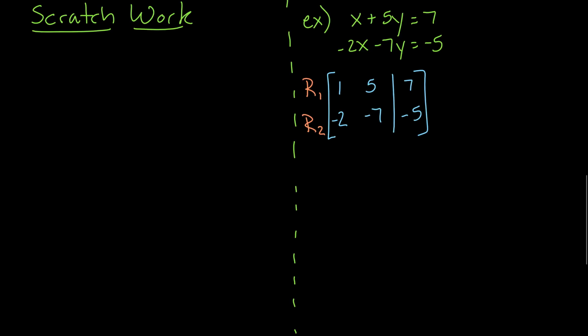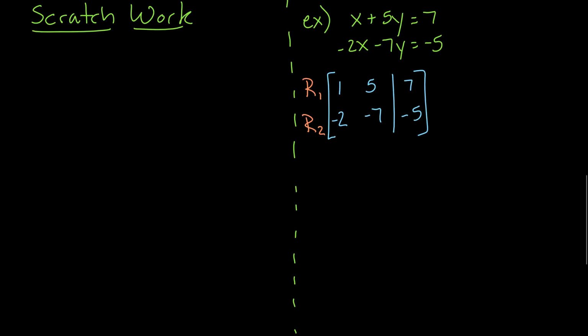You always want to get the 1 first. Then what needs to happen? The negative 2 needs to become a 0. So what can I do to get that negative 2 to a 0? Okay, add 2. Now I have to get that 2 from a different row.